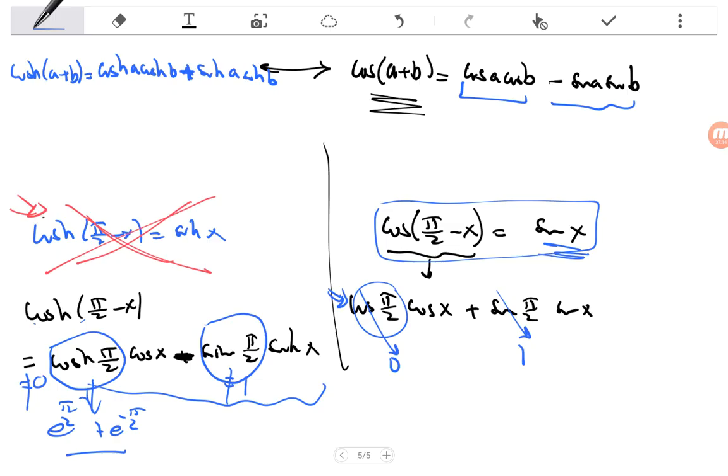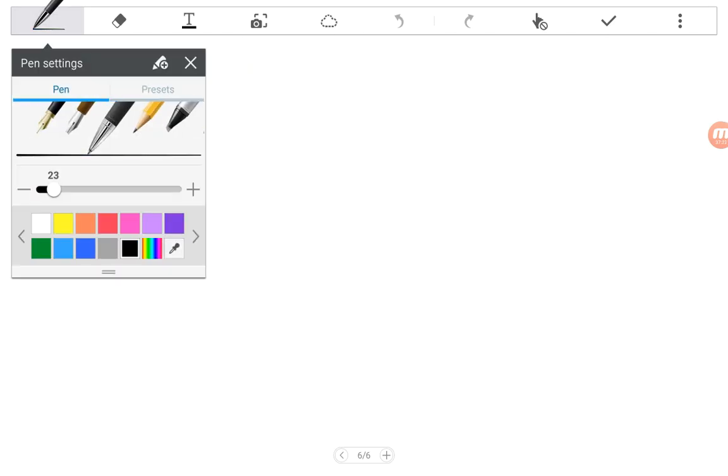So let's consider the graphs of hyperbolic functions. We'll learn to graph the cosine x and sine x.